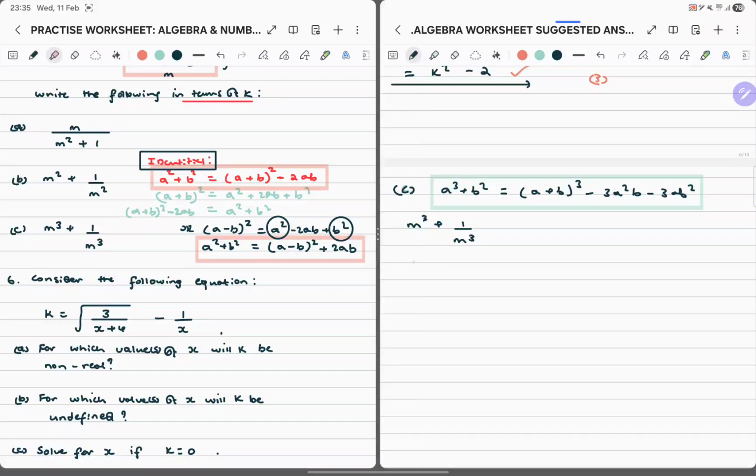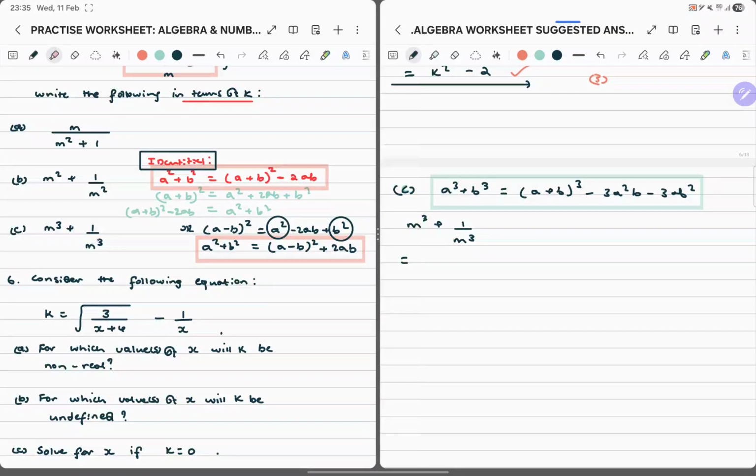We are solving the problem here. So this is equal to, let me see. Now you will appreciate, guys, this is nothing but the sum of two cubes.